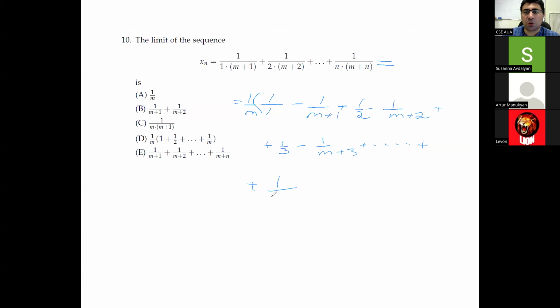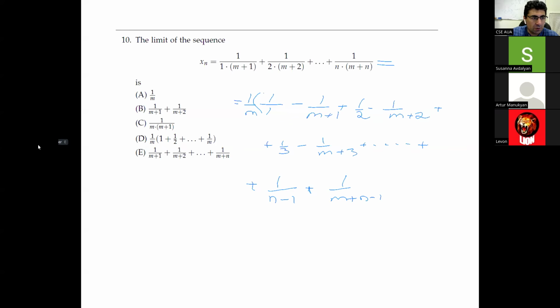So the term before the last one is 1 over n minus 1 minus 1 over m plus n minus 1. Sorry, we have to write minus instead of plus.